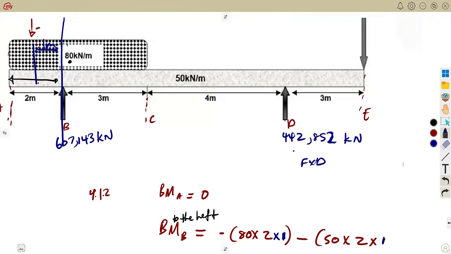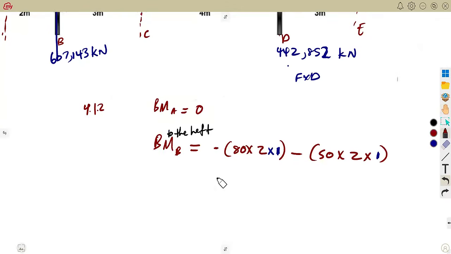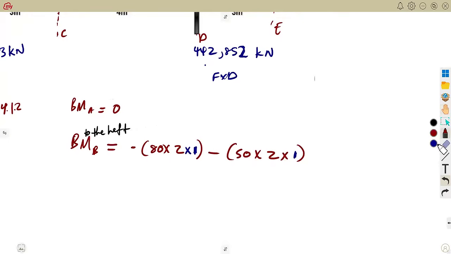So that is the case of your question, guys. All right. Combine everything here. That was going to give us a negative. All right. So that is negative 260 kilonewton meter. Just like that. So that is the bending moment that you are going to have.